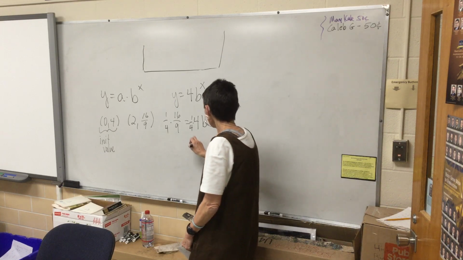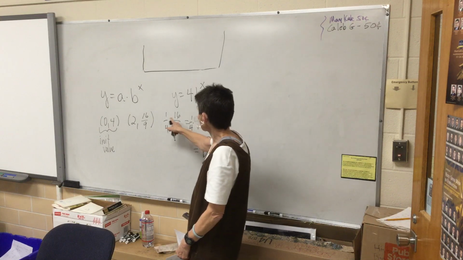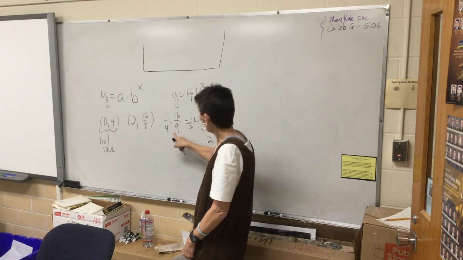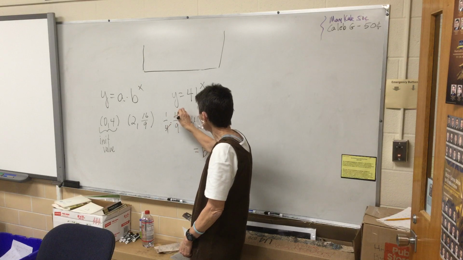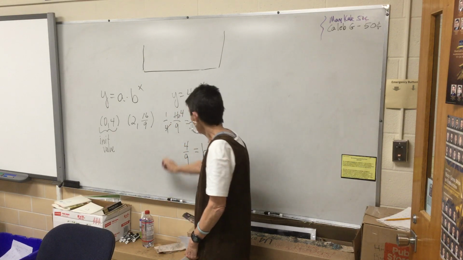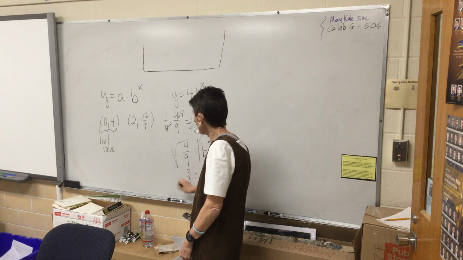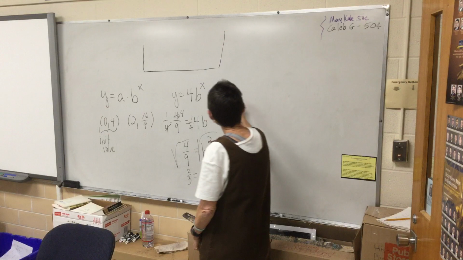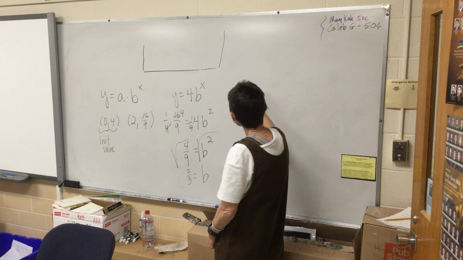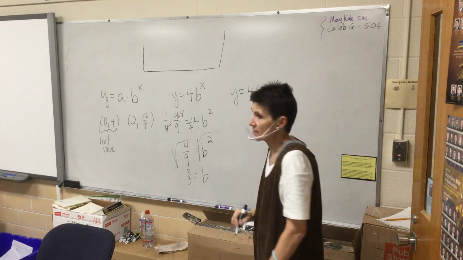So b squared equals, you can either say 16 over 36, or you can reduce that, right? 4/9. And then we'll square root. So b equals 2/3. And our final answer is y equals 4 times 2/3 to the x.